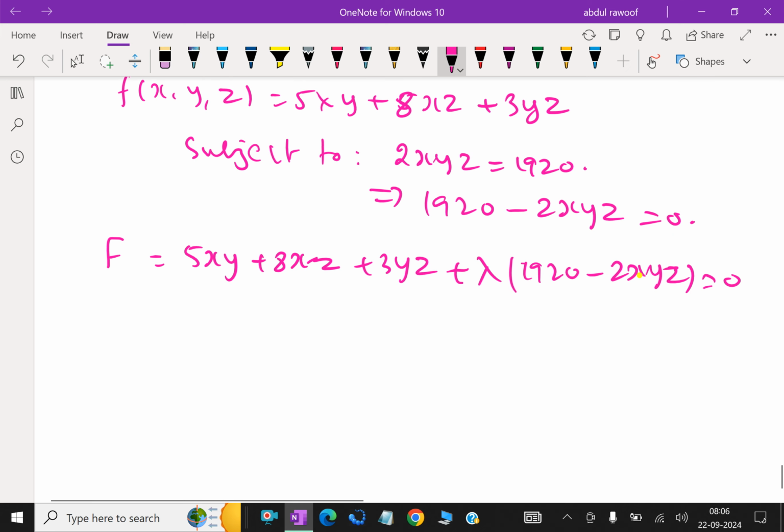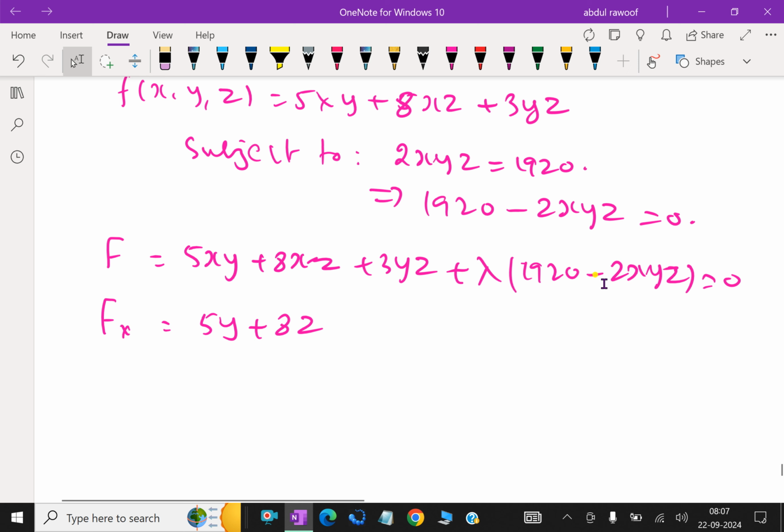And now the partial derivative, dou F by dou x. The partial derivative with respect to x is 5y plus 8z. Here the 3yz term becomes 0 because there is no x term.